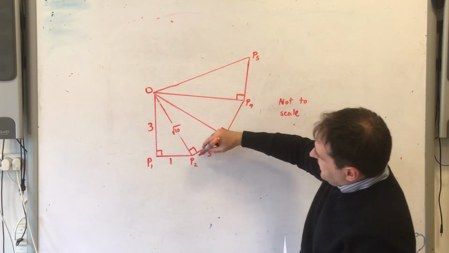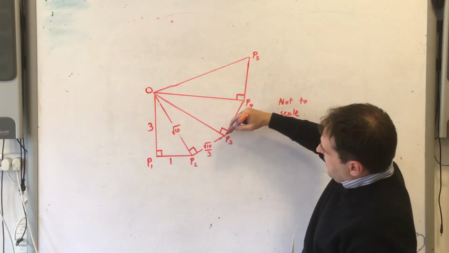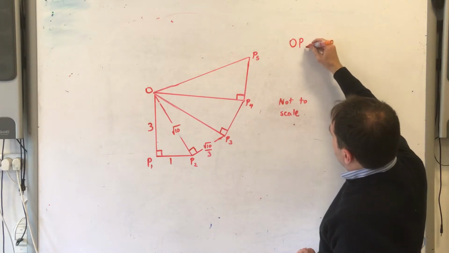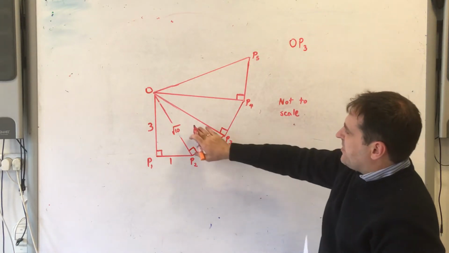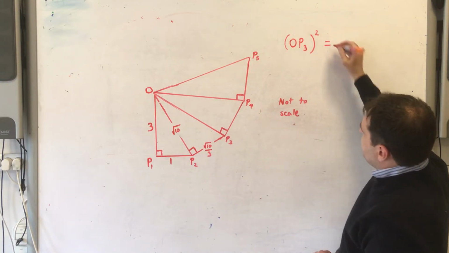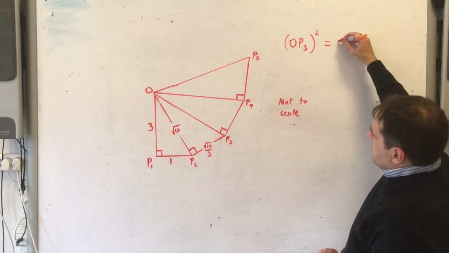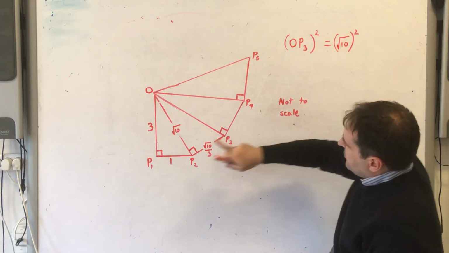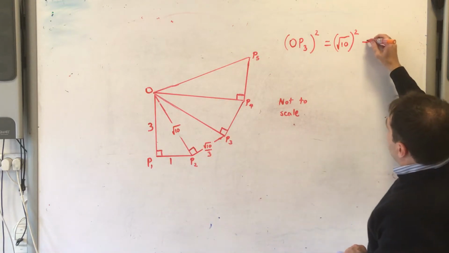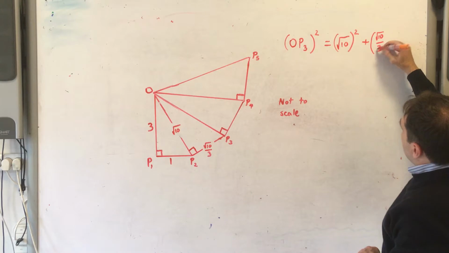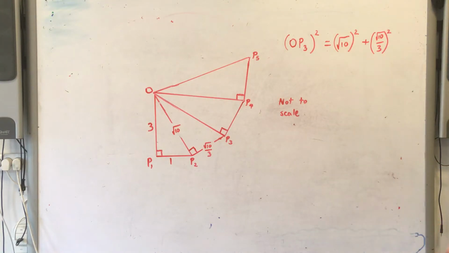So just looking at this triangle here, the thing we're trying to find out, OP3, because of Pythagoras, that squared is equal to square root of 10 squared, so this side squared, plus square root of 10 over 3 squared.